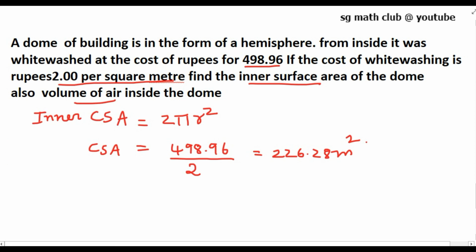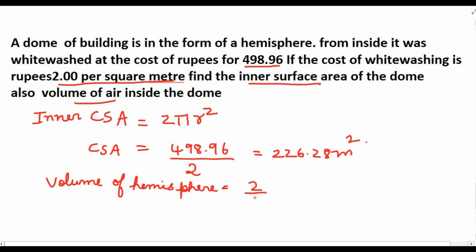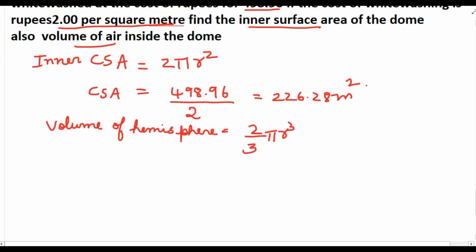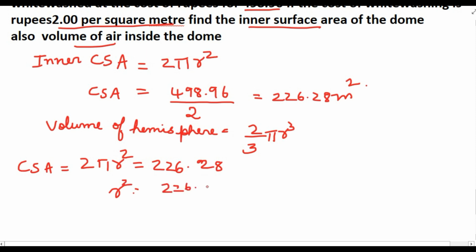Now to find the volume, we need the radius of the hemisphere. Volume of hemisphere is 2 by 3 pi R cube. We will use this data to get the radius. So 2 pi R square is equal to the curved surface area, 226.28. Now R square will be 226.28 divided by 2 pi.